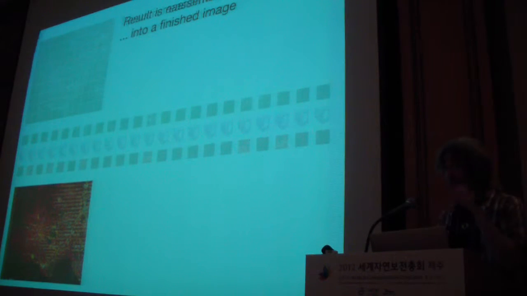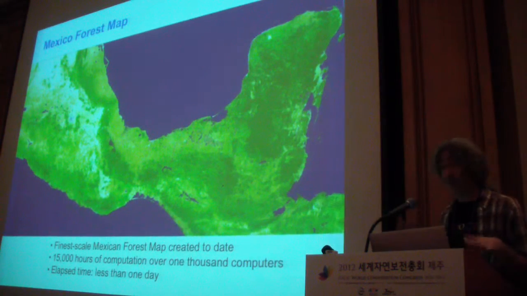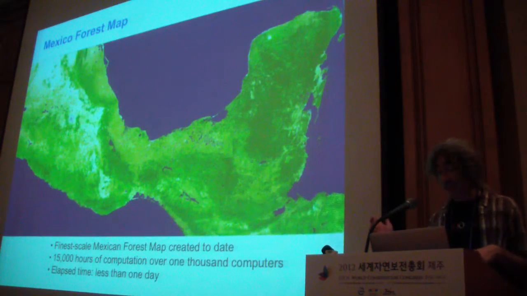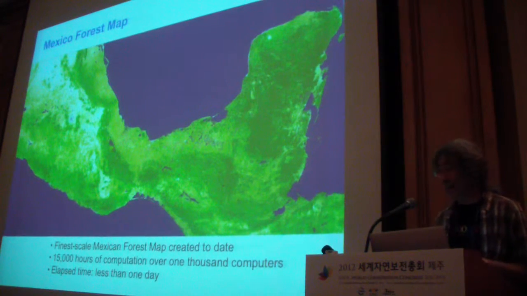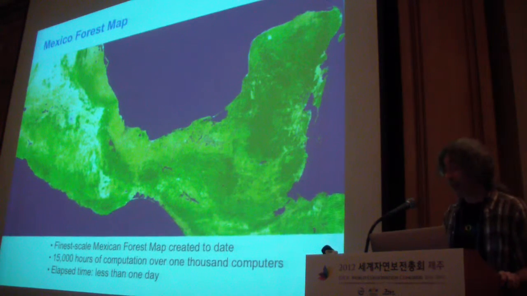So with this kind of technique and the API, the analysis I showed you, we've been working with our science partners to develop products. This is one that I like a lot. This is the Landsat scale, fairly high resolution forest, non-forest map of Mexico.